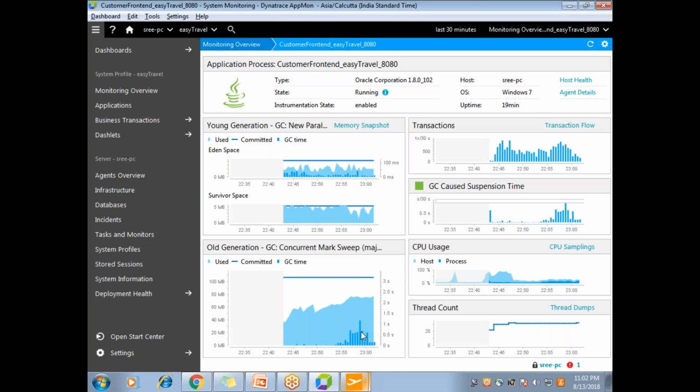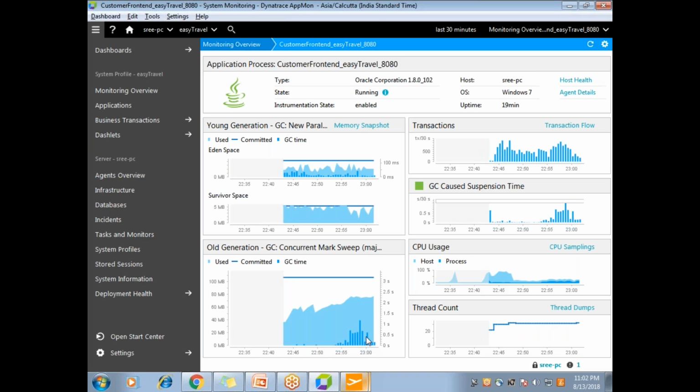Minor GC also happened, so both the GCs have happened. The GC time is also more, so that's the reason why the suspension time is also more, I'm guessing. And you see this patch of time between 22:55 and 23, the memory is continuously increasing and it is trying to go over the threshold.